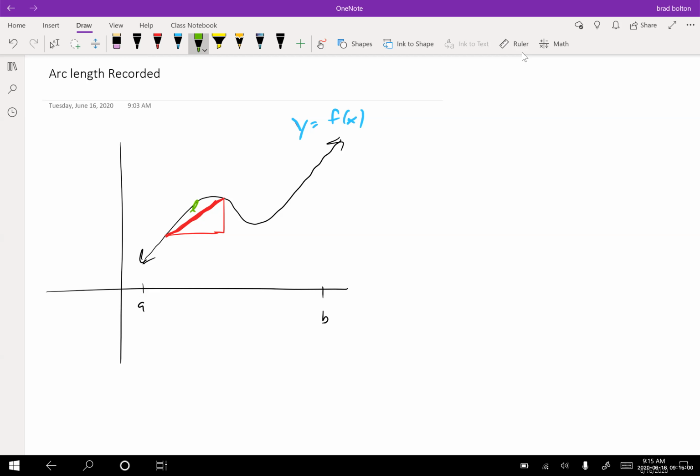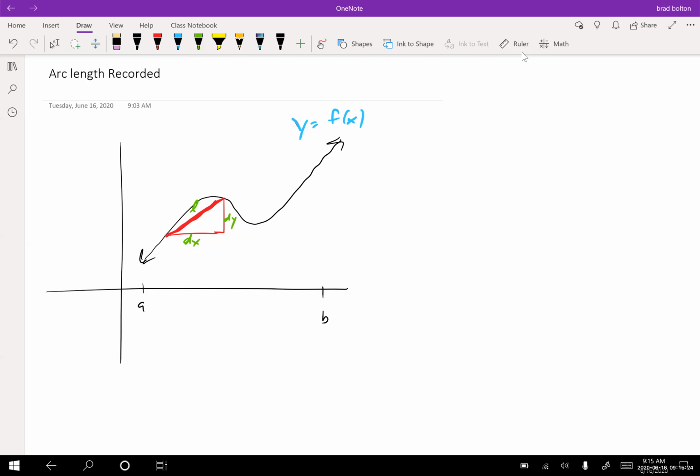And then we're going to label this dx, and this dy. So this distance right here, we are naming dx, and we are naming this distance here dy. Okay, so that's all I'm really saying.